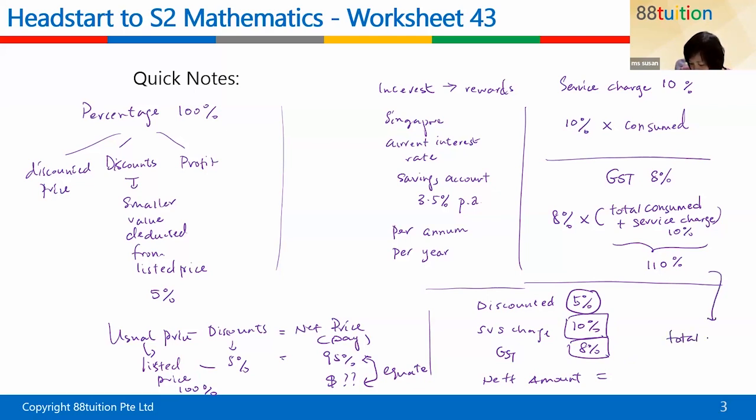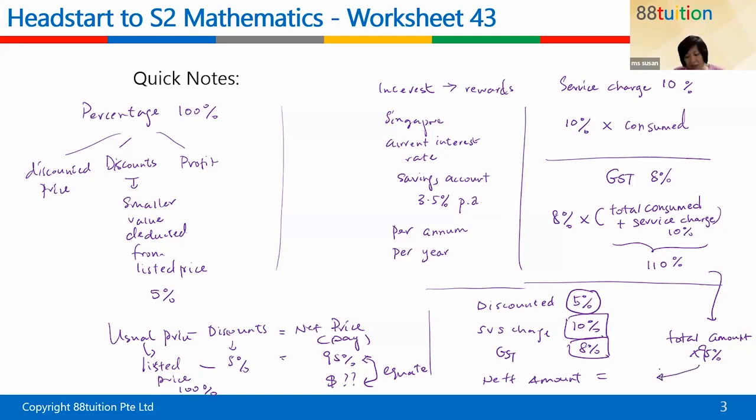Total amount here, multiply by 95%. It depends on what the question asks. If the question asks what is the net amount, then probably you can use 95%.